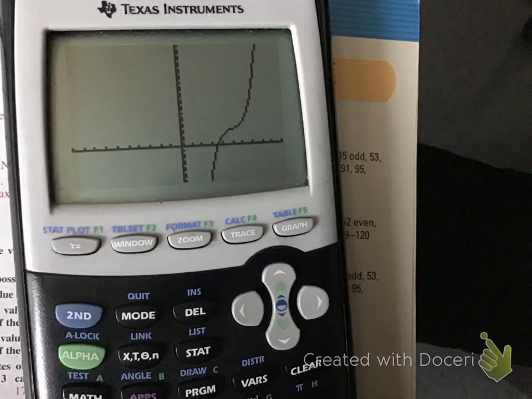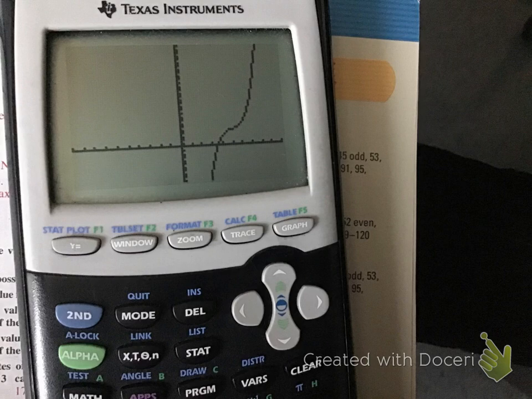I'll show you what I see now. So I feel confident now that I'm seeing the only relative max or min that there is. But I would sort of like to zoom in a little bit to see those dips and curves with a little more detail.